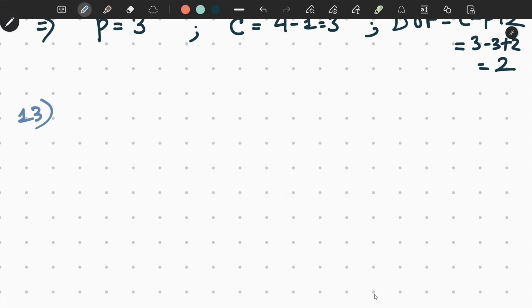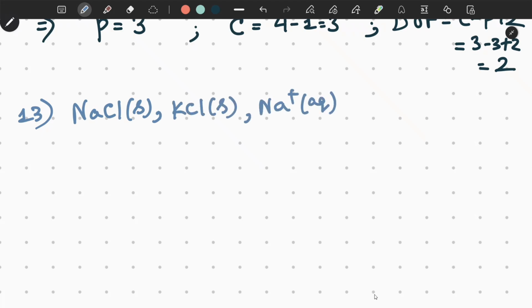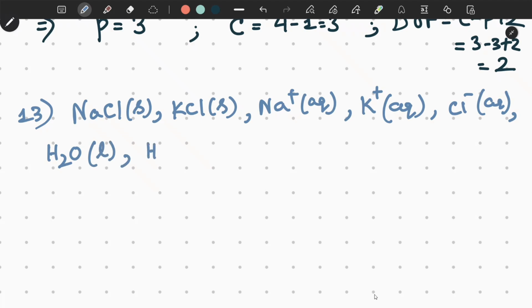I'm giving a system which contains NaCl solid, KCl solid, Na+ aqueous in water obviously, K+ aqueous, Cl- aqueous, H2O and H2O gas.